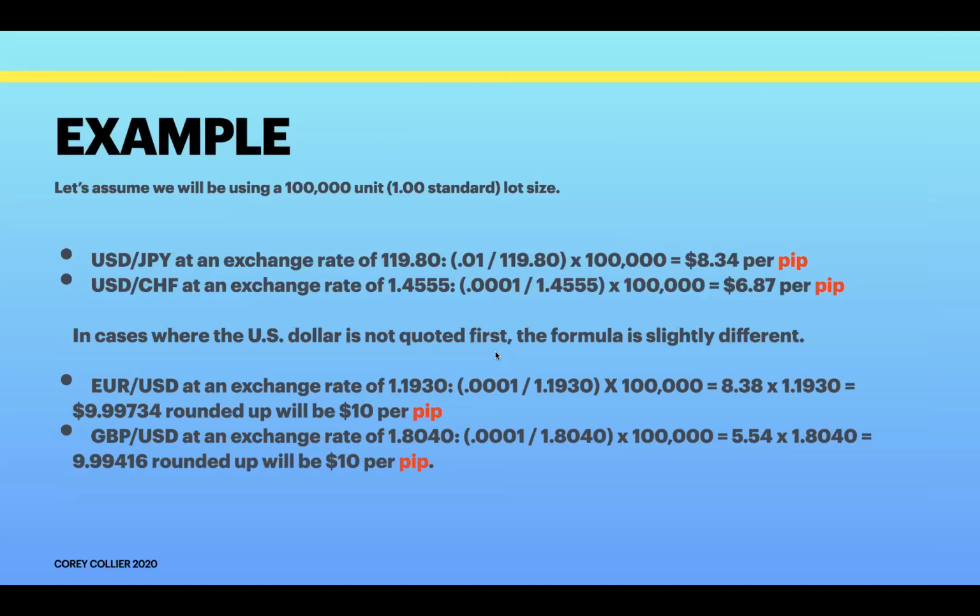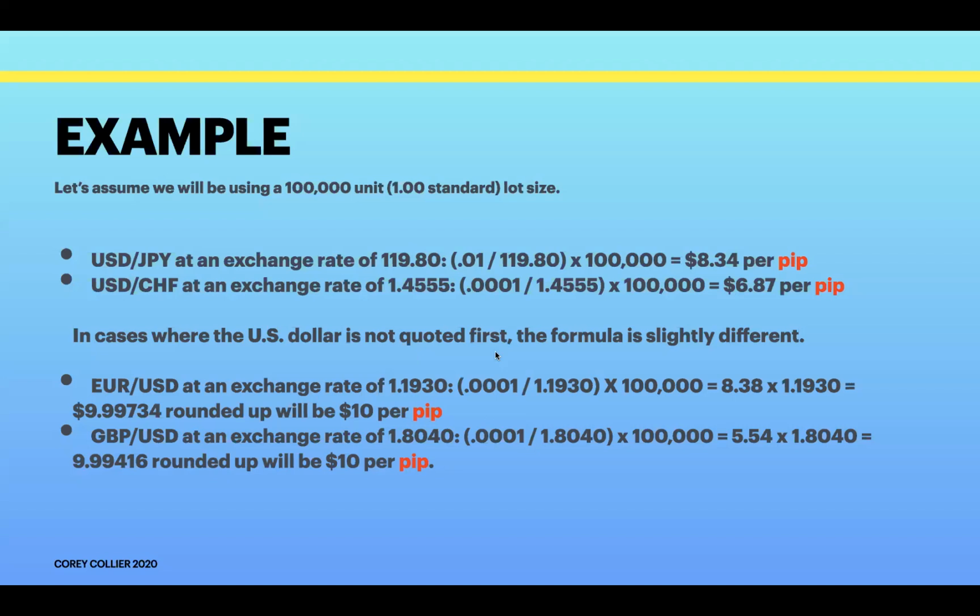For a 1 pip move, you're going to get paid $8.34 on the USD JPY. But if you get a 1 pip move on the United States dollar Swiss franc, it's only going to pay you $6.87 per pip.